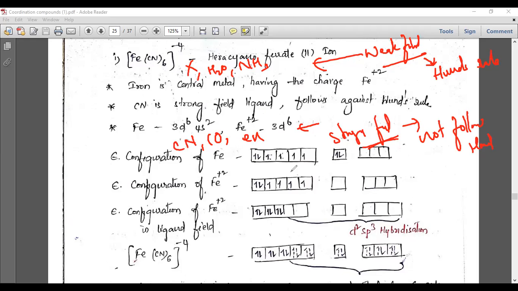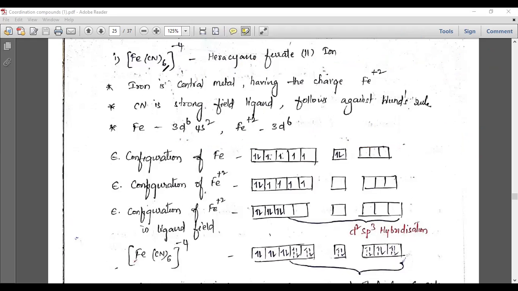Remember that cyanide, NO2, en, and CO are all strong field ligands. In case of strong field ligands, it does not follow Hund's rule.